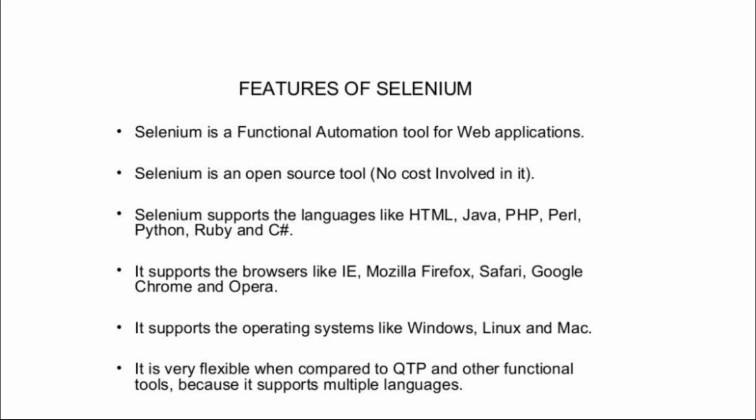Okay, and it supports multiple browsers and multiple operating systems. Being Java, you create your Java file, your class file, your jar file, and you can execute it in Windows, Linux or Mac. That is the advantage. So that is very basic about Selenium: it's a popular one.